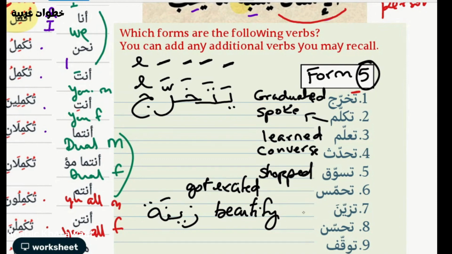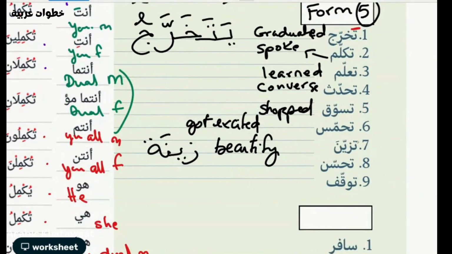So when you tazayyana, you make yourself beautiful. Or you get ready and you make yourself beautiful, look pretty. Tahassana, improve. I'll put it over here. And tawaqqafa, stopped. Tawaqqafa, he stopped.